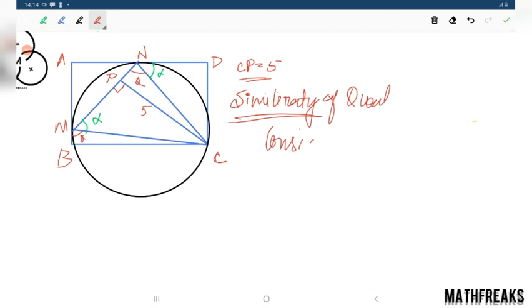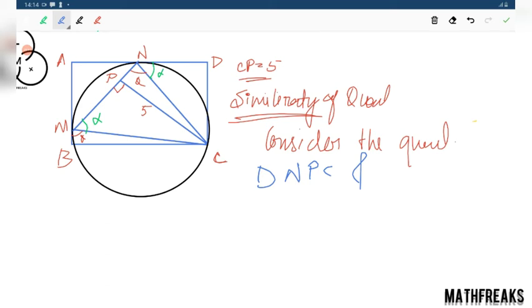Consider the quadrilaterals DNPC and PMBC.